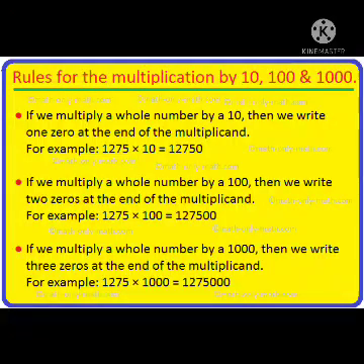If we multiply a whole number by 100, then we can write 2 zeros at the end of the multiplicand. Suppose we multiply a whole number by 1000, we can write 3 zeros at the end of the multiplicand.